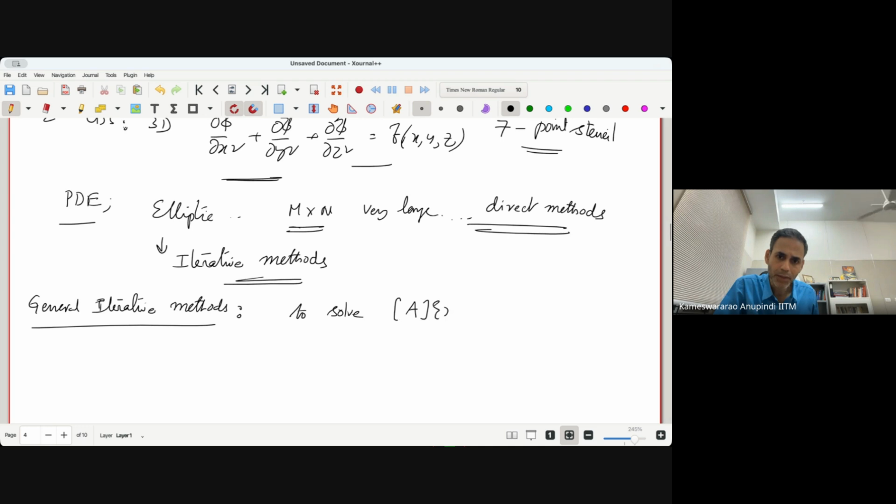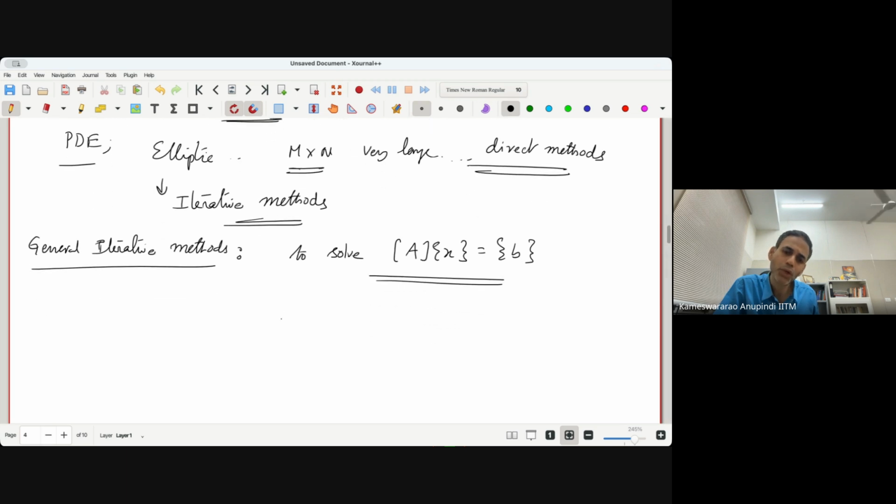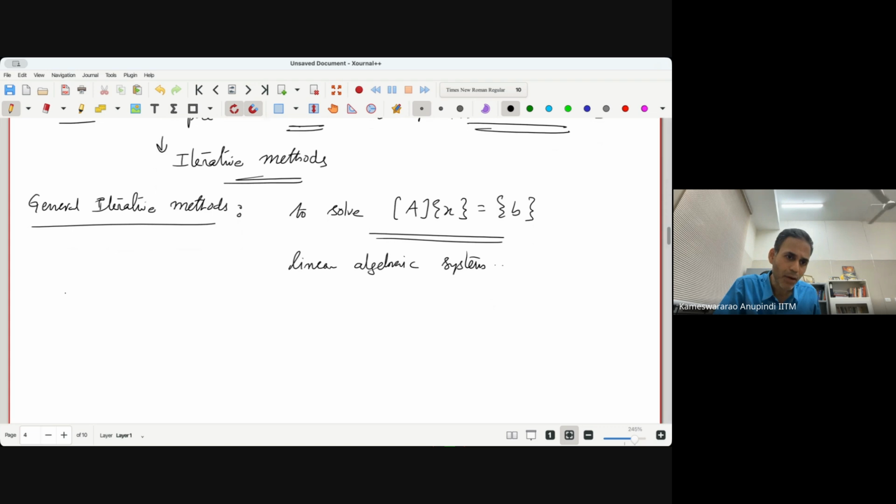A times x equals b. That means we want to solve this Ax equal to b, which is a linear algebraic system, and this may or may not result from the discretization of a partial differential equation.